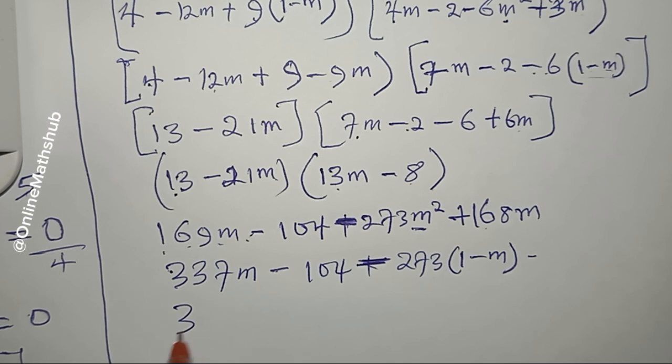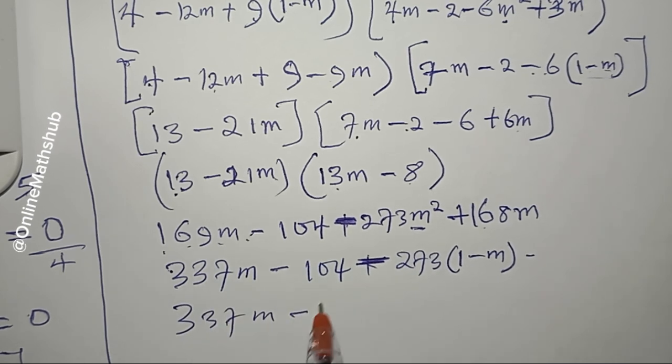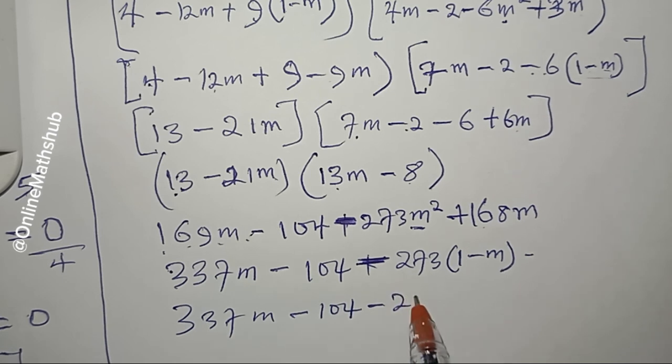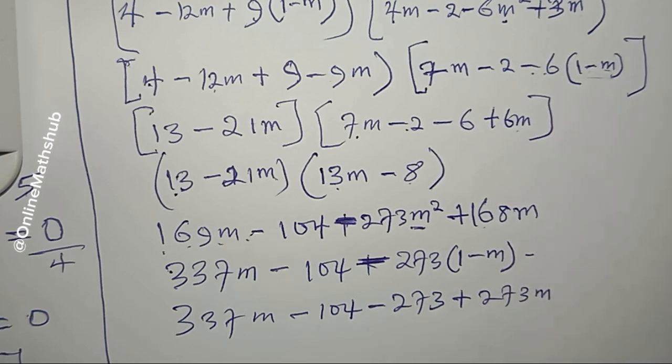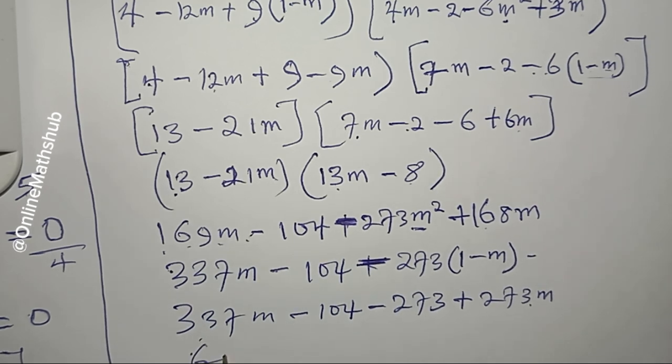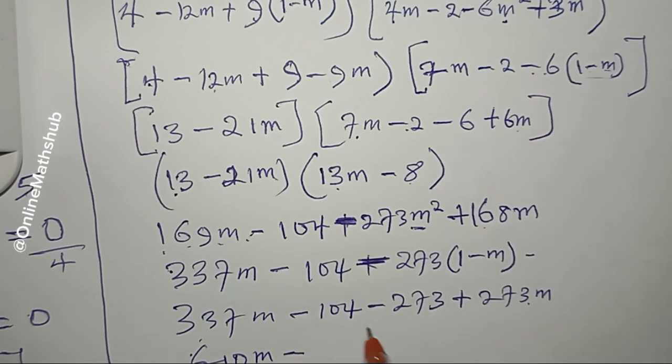So I'm going to be having 337m minus 104. So you are multiplied to have minus 273, and then of course plus 273m. So I'll just go ahead to sum this one and this. And if I do that, I'm going to be having 610m, okay, and then minus 104 minus 273, that's going to be giving us 377.